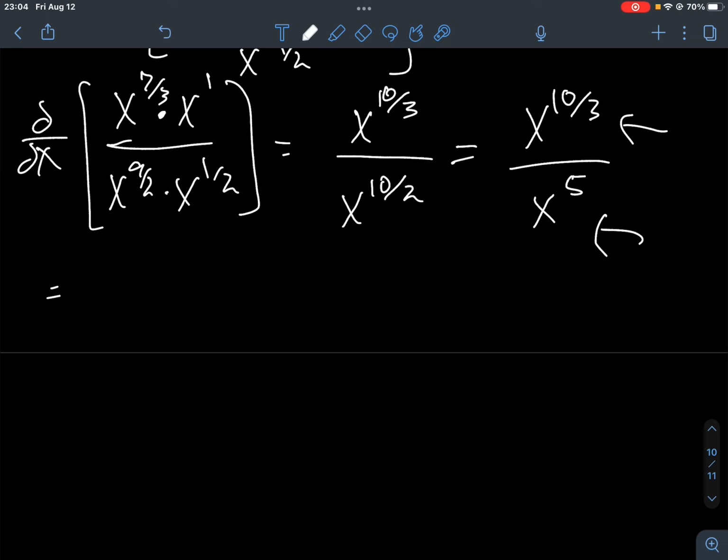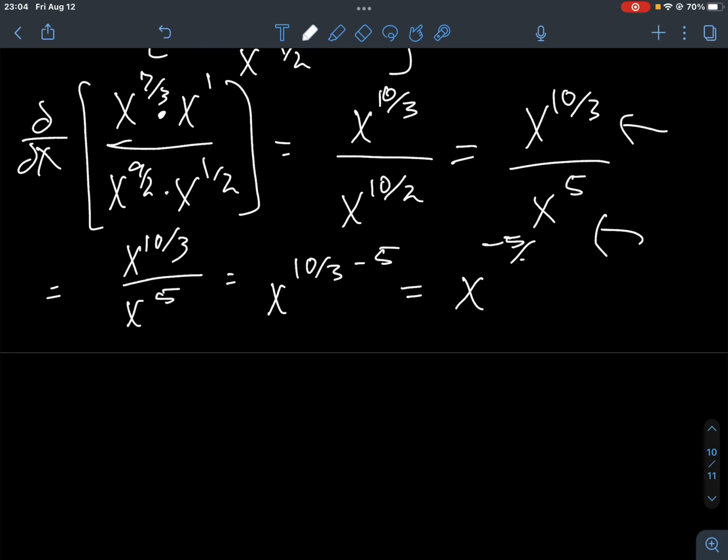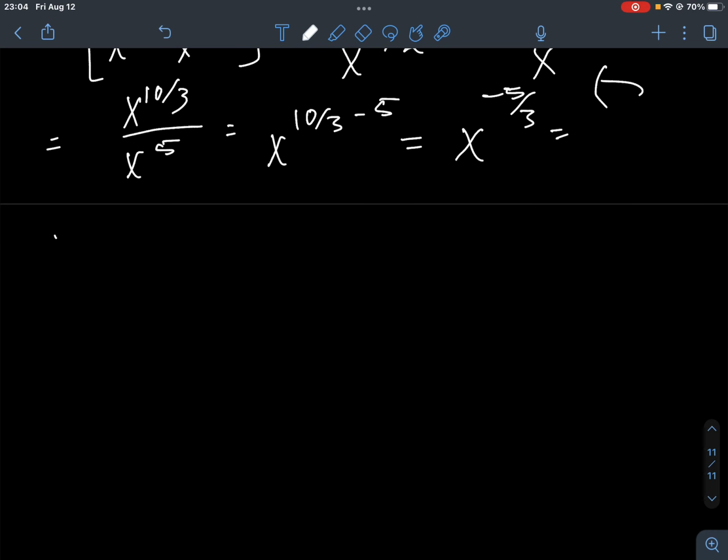Well, what we can do is just take x to the 10 thirds over x to the 5th and make it x to the 10 thirds minus 5. Now if we subtract that, we're going to get 15 on top. So 10 minus 15 is negative 5 over 3, which is the derivative of that.